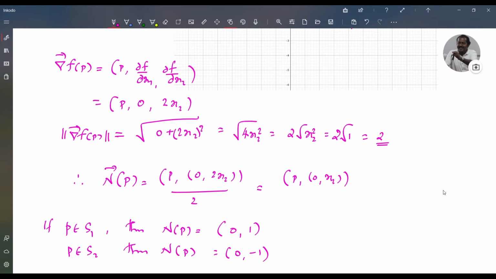Now we can have another orientation. If this is n1 of p, then minus n of p is the n2 of p.